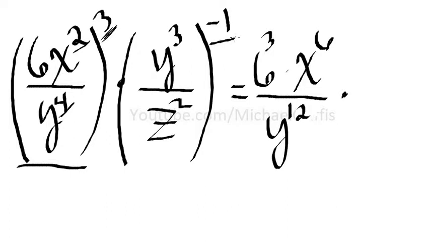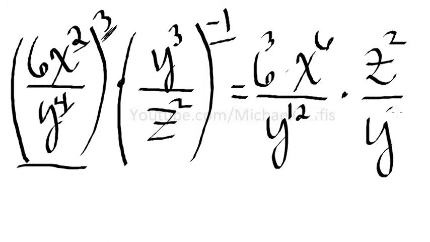Now, we have this -1 here, and what we could do is write it like this: z squared over y to the third. Now I want you to verify that. See, if we multiply the 3 times the -1, you get -3. So we have y to the -3.